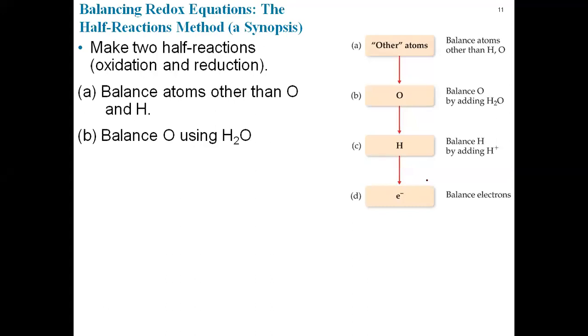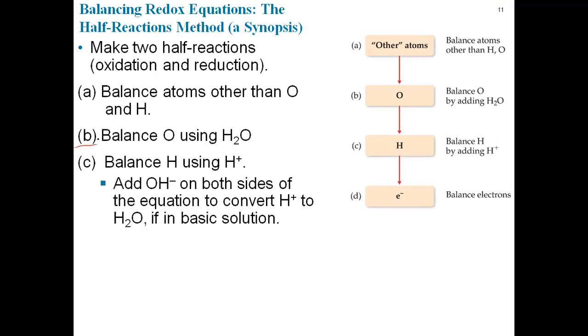Once you come to step 2, you want to balance O. You don't use oxygen atoms or oxygen gas, you use H2O. If you need 1 O, just use 1 H2O. If you need 3 O, you use 3 H2O. Obviously, when you add H2O to your equation, you're also adding H. So you have to balance the H using H+, not H2, not H, but H+.